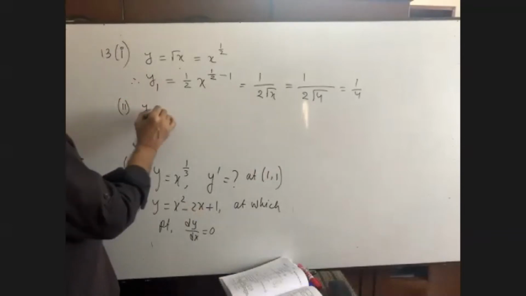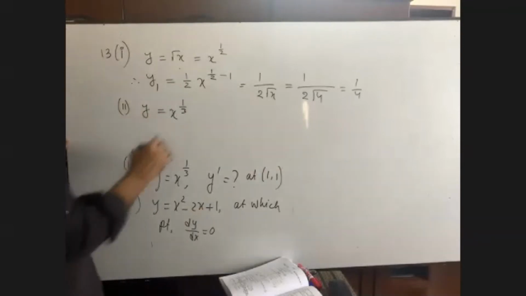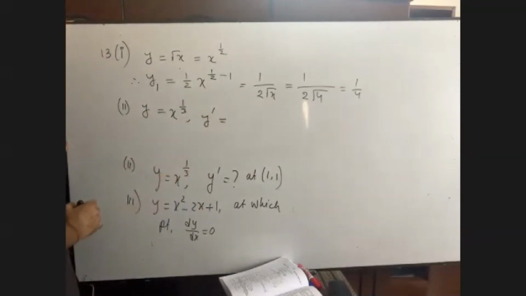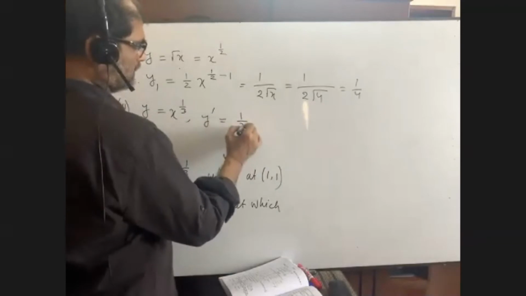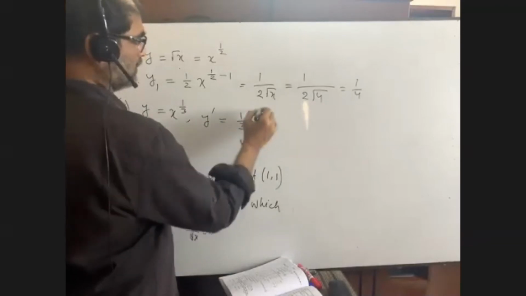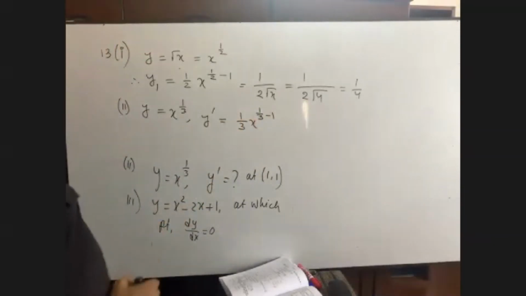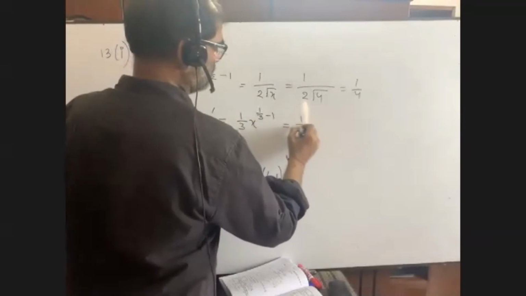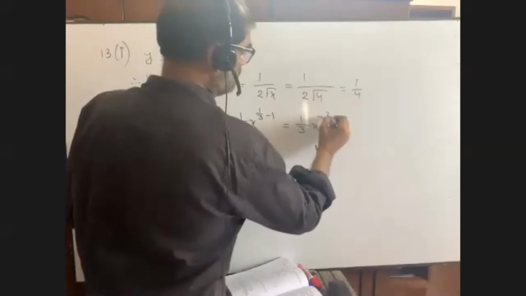y equal to x to the power 1 by 3. That means y prime, the first derivative or differentiation, equals to what? 1 by 3 x to the power 1 by 3 minus 1. That means 1 by 3 x to the power minus 2 by 3.